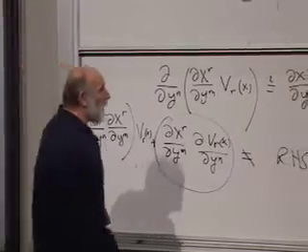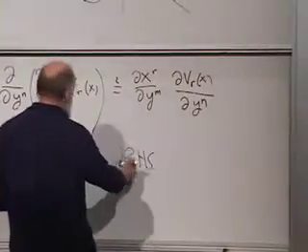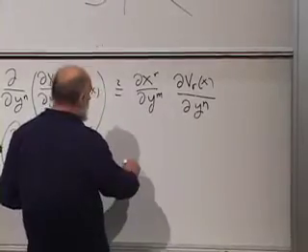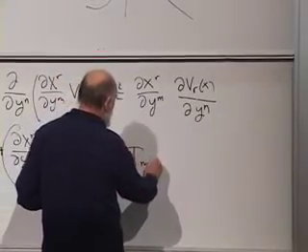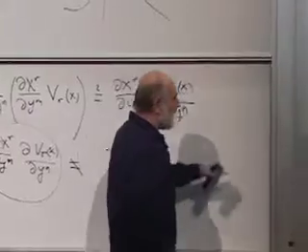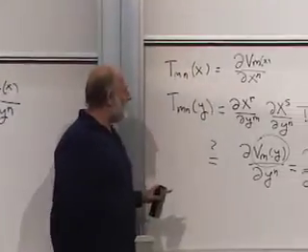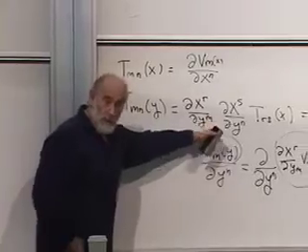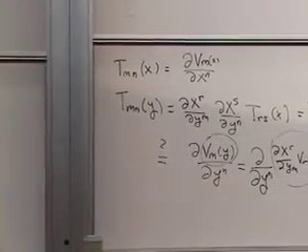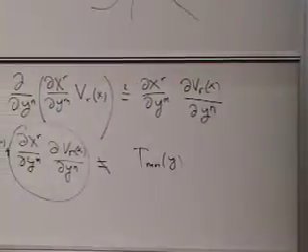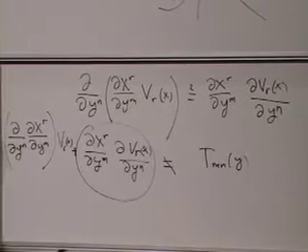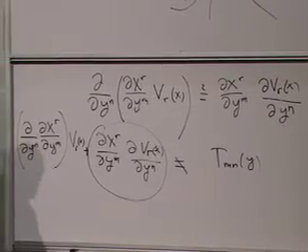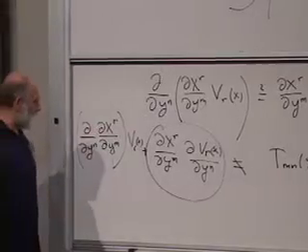The right-hand side is, by definition, T^mn of y. I just read it off here. Assuming this is T^mn of x, then this must be T^mn of y because it transforms in the right way. I forced it to transform in the right way. And what we see is that it has this extra term over here.